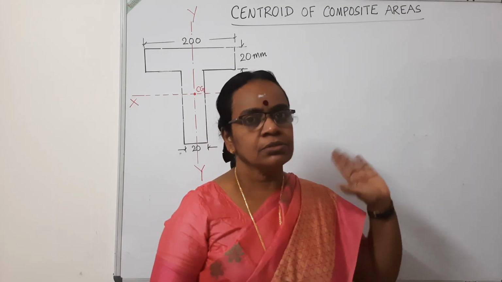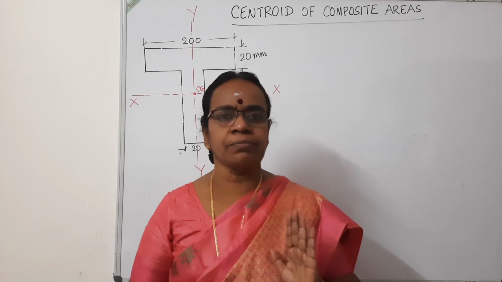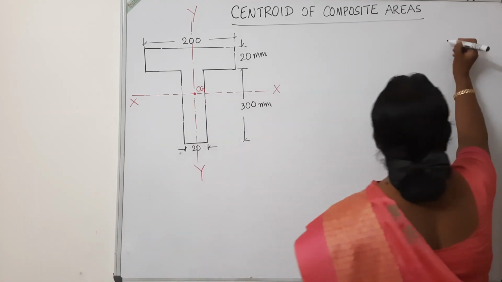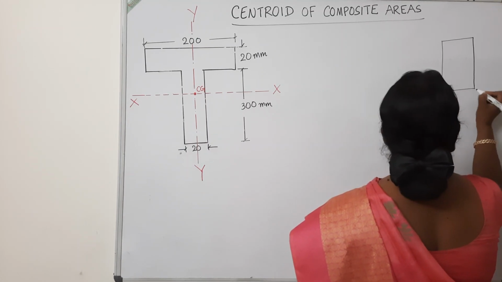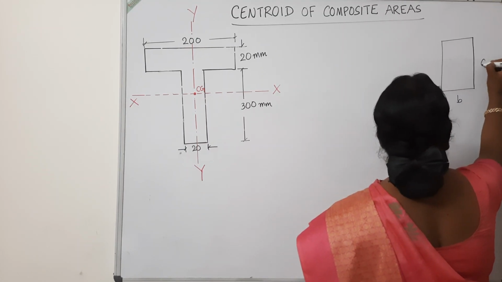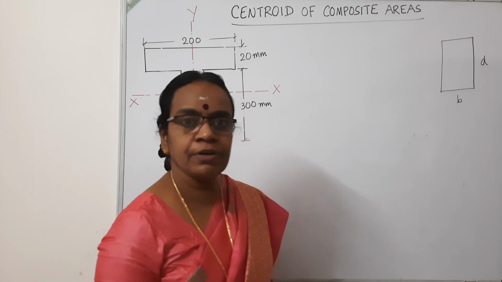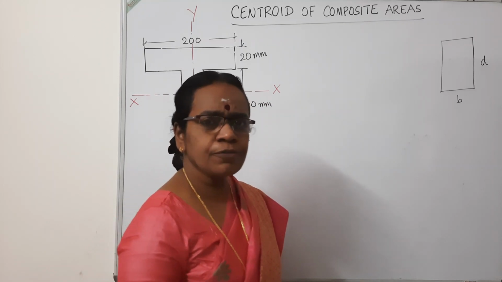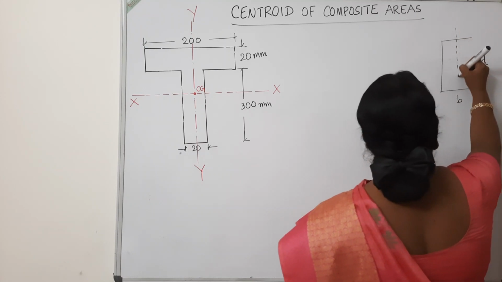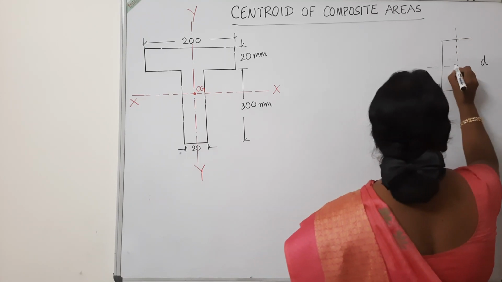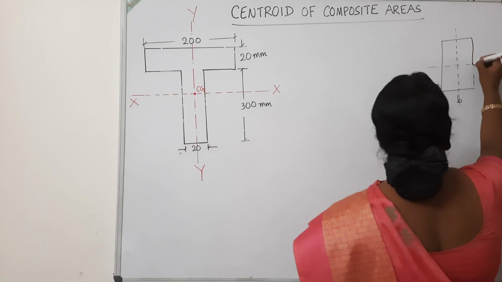So it is nothing but the axis of symmetry. If you consider a rectangle, say, consider a rectangle of width B and depth D, a plane figure. The axis of symmetry is passing through the center in this direction and in this direction.